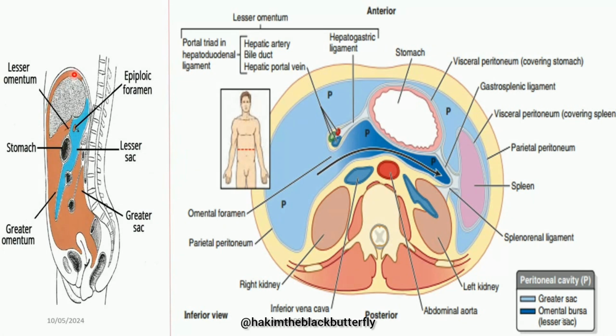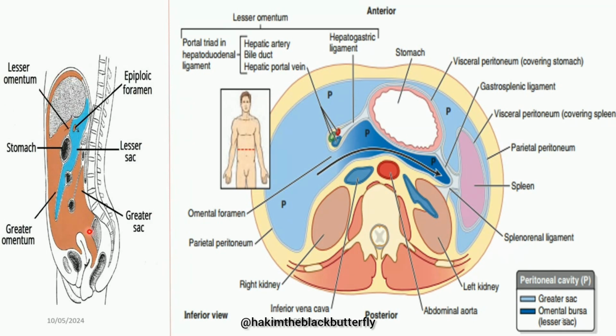This that you see in brown is the greater sac. It's a big compartment of the peritoneal cavity.